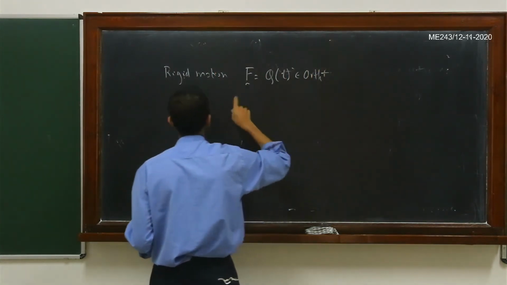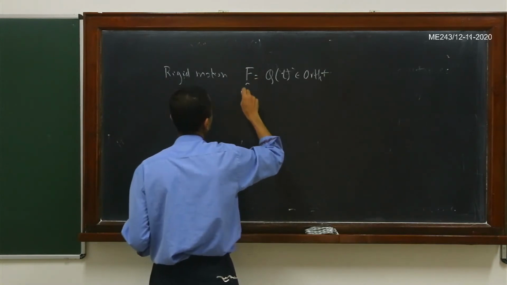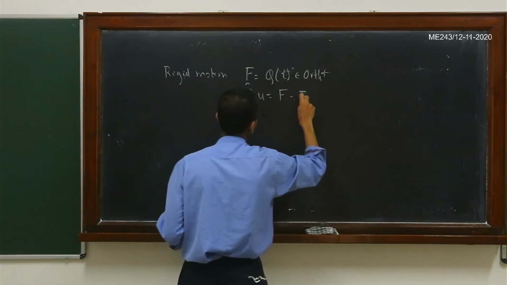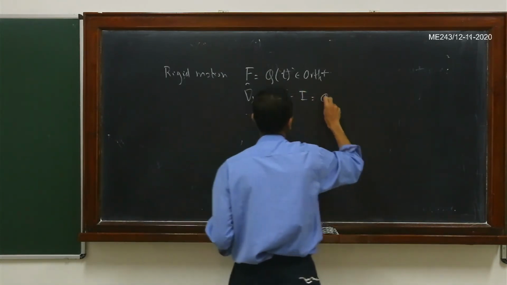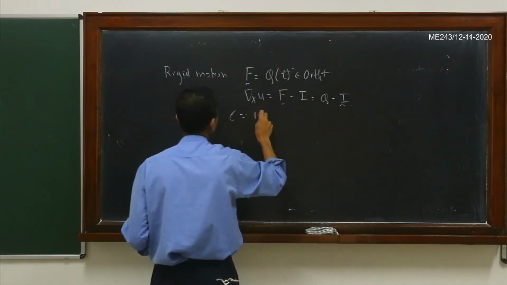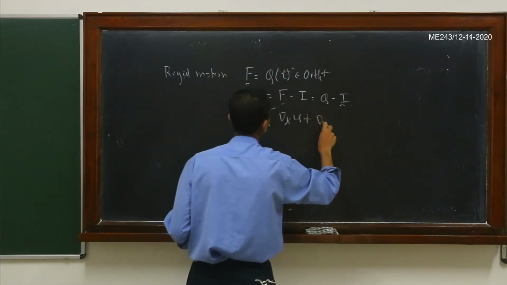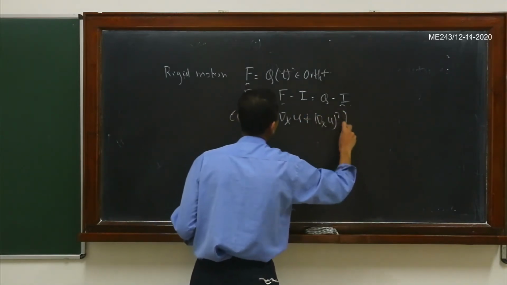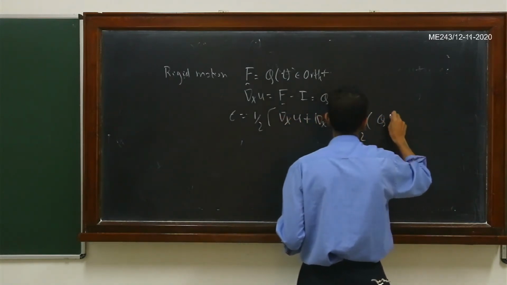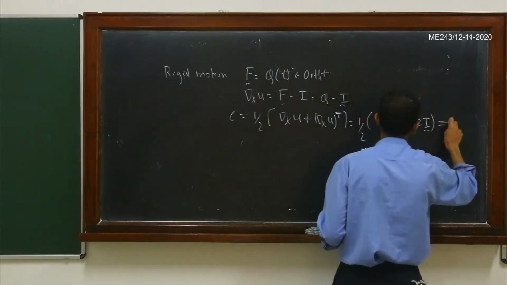And then if you now write the displacement gradient from this, del U is equal to F minus identity, which is equal to Q minus identity, right? And so your epsilon is equal to half of del U plus del U transpose, which is equal to half of Q plus Q transpose minus 2 times identity, which is not equal to 0.